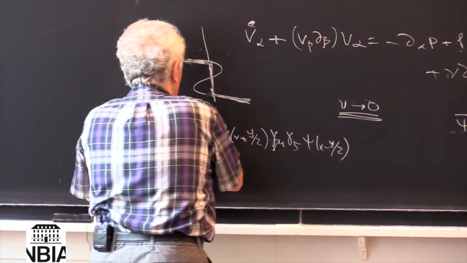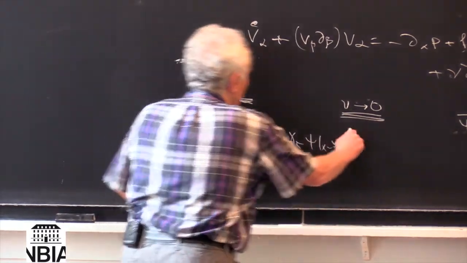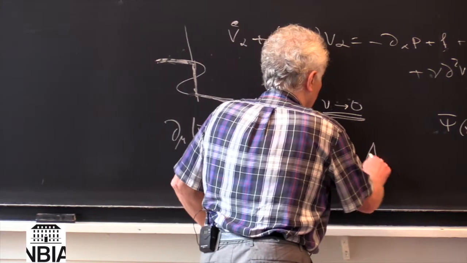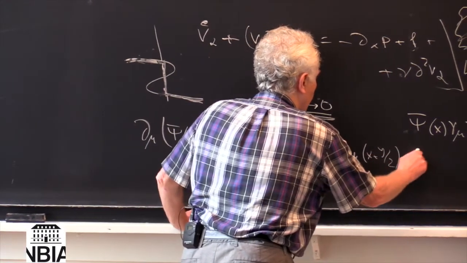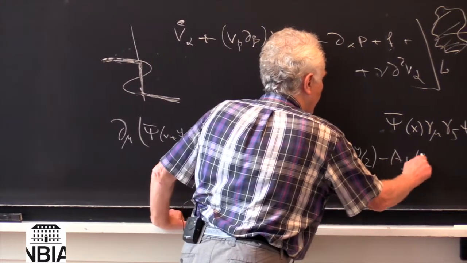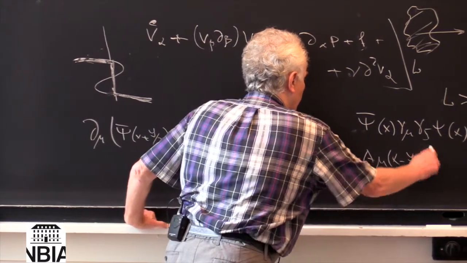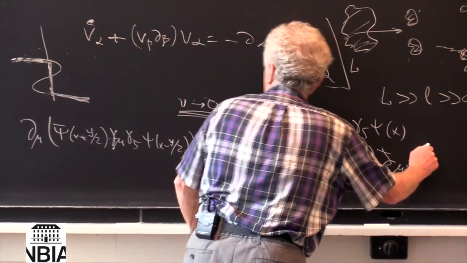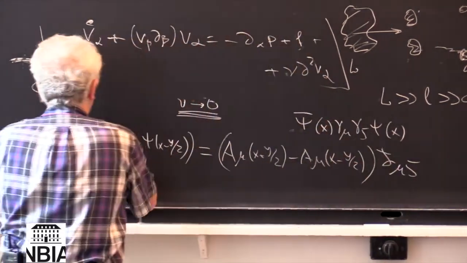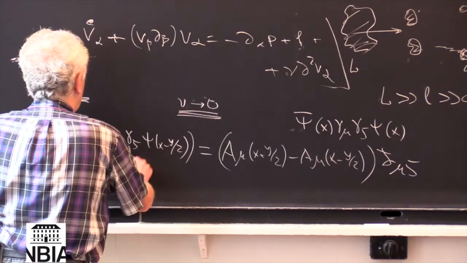And the divergence of this thing, in quantum electrodynamics, I call it J mu 5 of x and y.